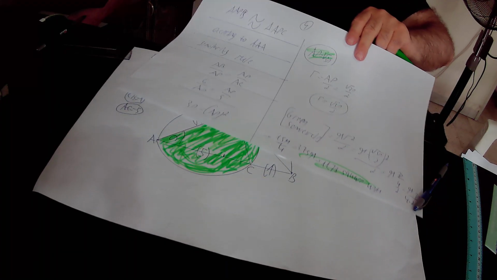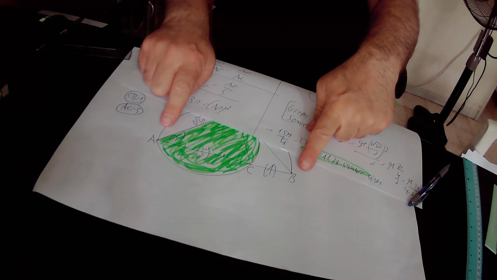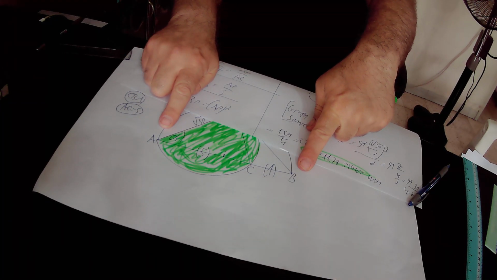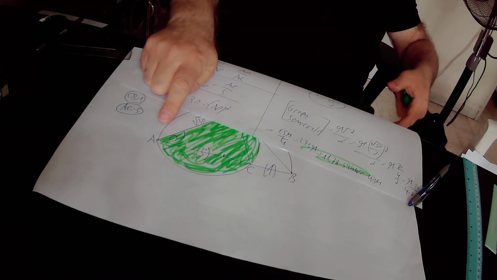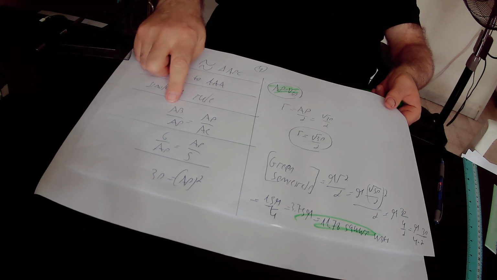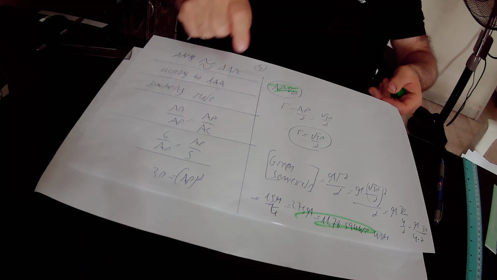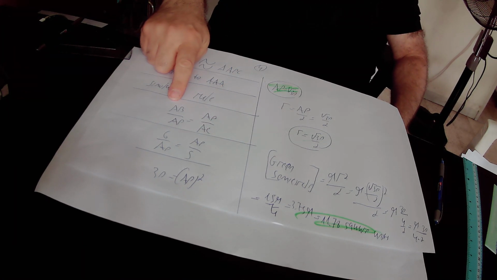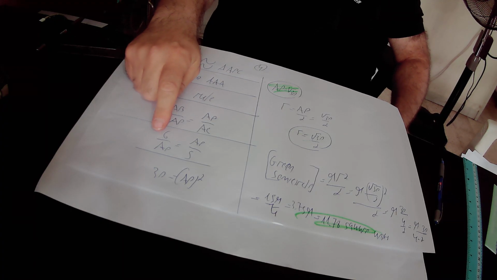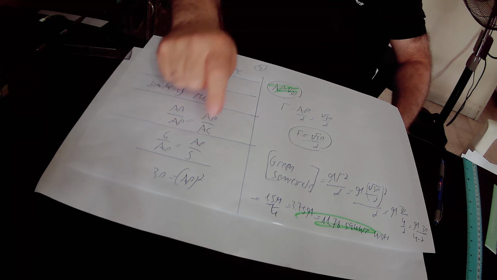AB is 5 plus 1, that is 6, and AC is 5. Again, AB is 6 and AC is 5. So in total, this equation is 6 over AP equals AP over 5.